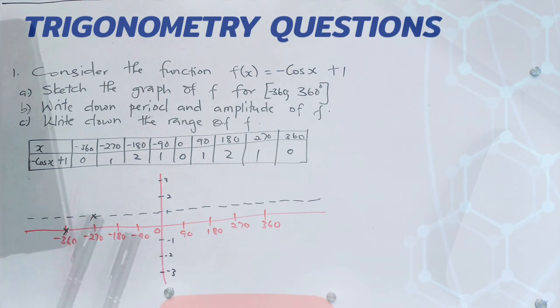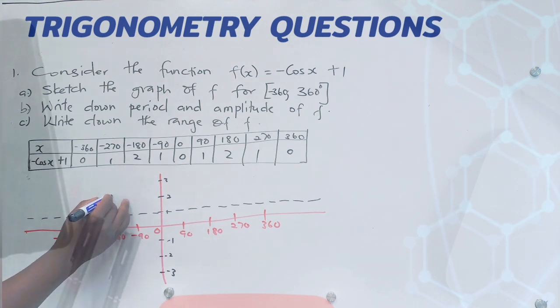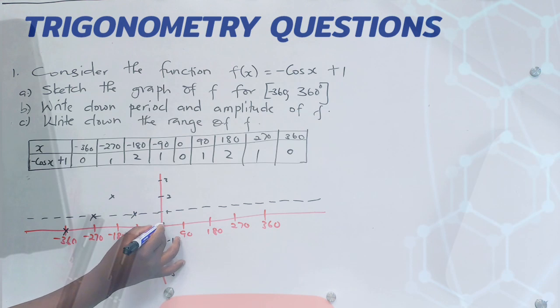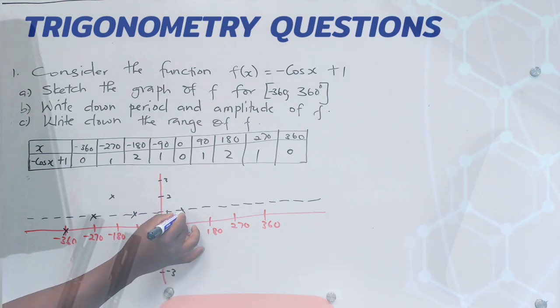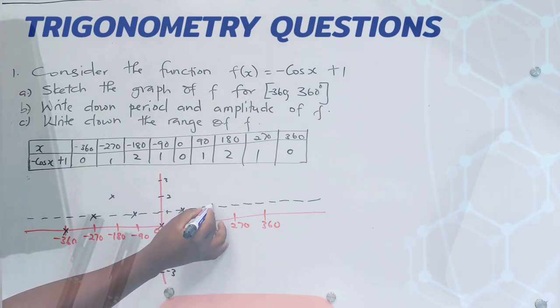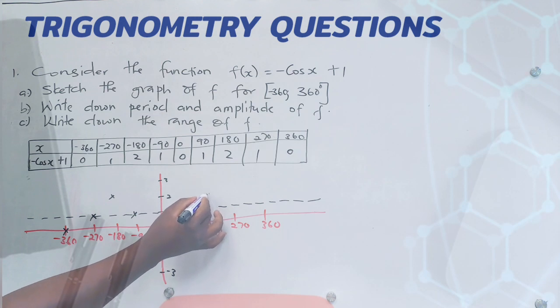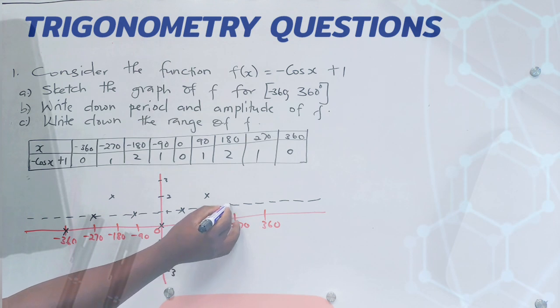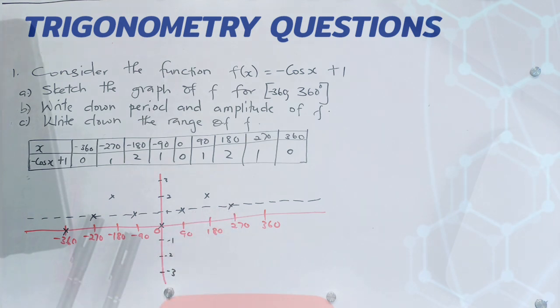It's on this line. And minus 180 and 2. There. Minus 90, 1. 0, 0. 90, 1. 180, 2. Then 270, 1. 360, 0.